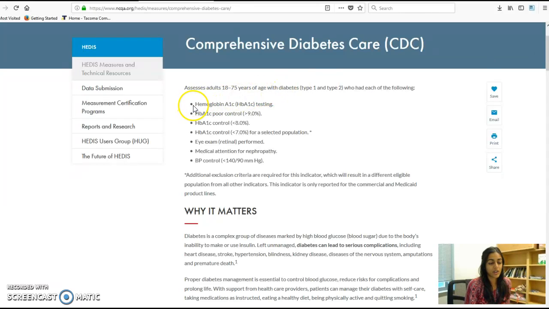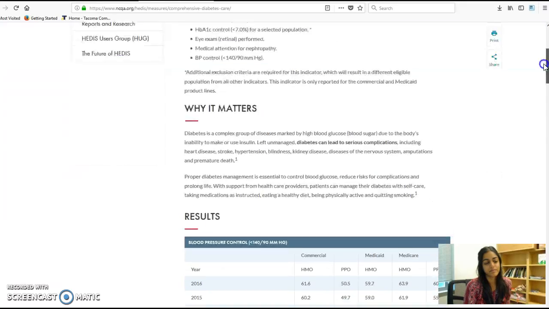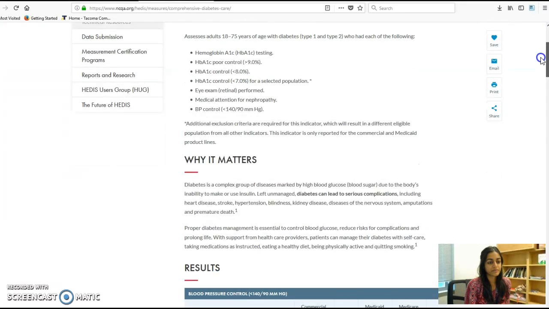These are all the clinical measures that are used for diabetes: HbA1c, hemoglobin A1c, which is a blood sugar measurement, eye exams, nephropathy, blood pressure, why it matters, and they have the explanation here.